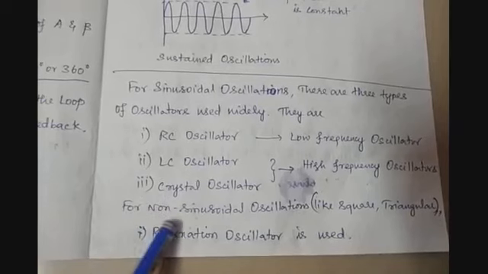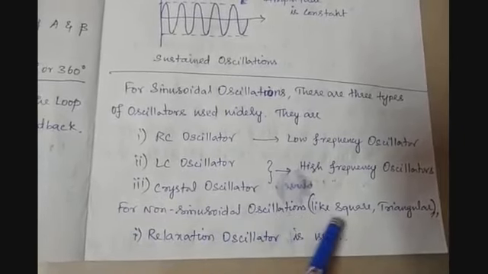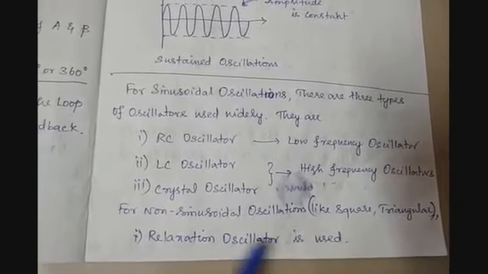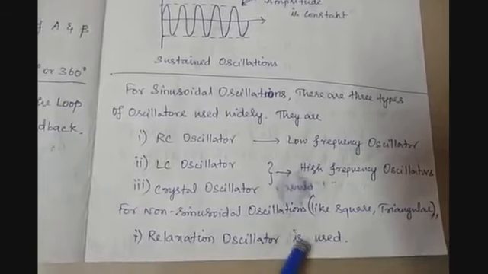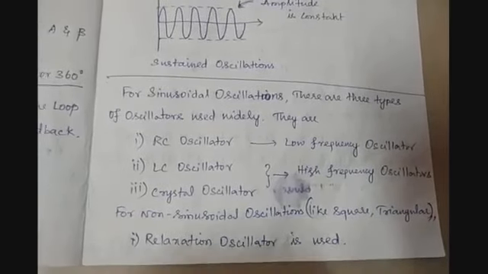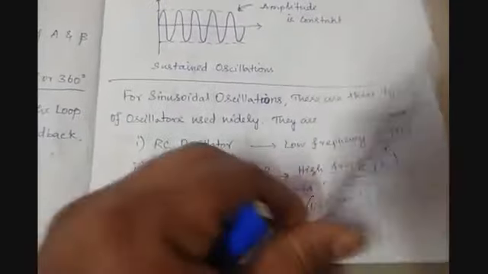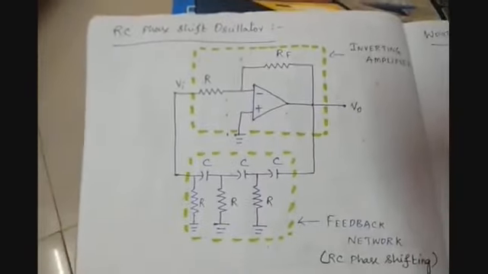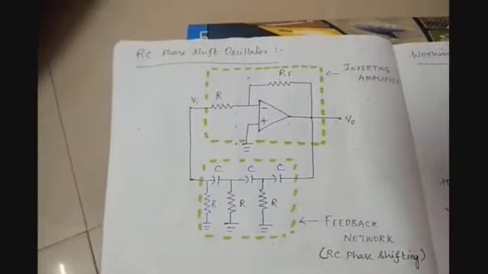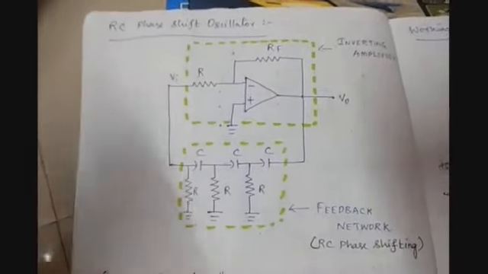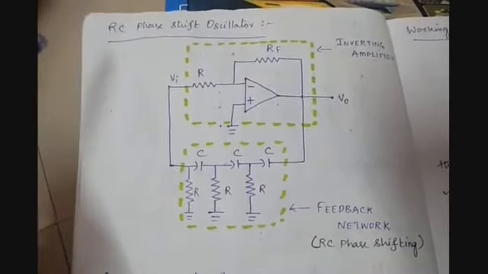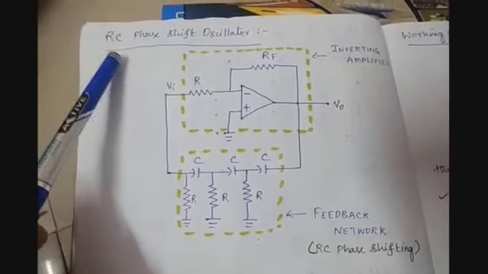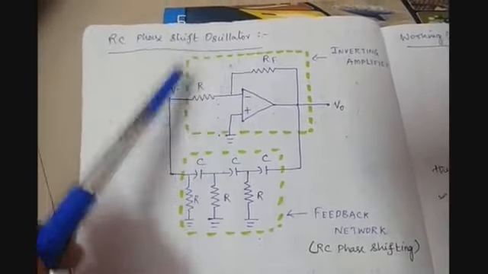For non-sinusoidal oscillation like a square wave or triangular wave, a relaxation oscillator is used. These are the types of oscillators we have, and among them we have only one type so far, that is the RC phase shift oscillator.